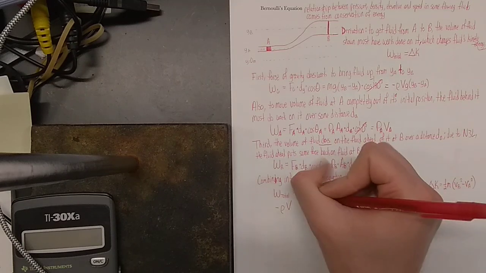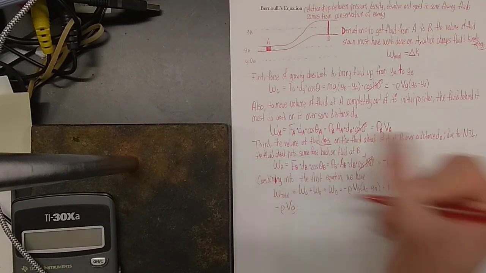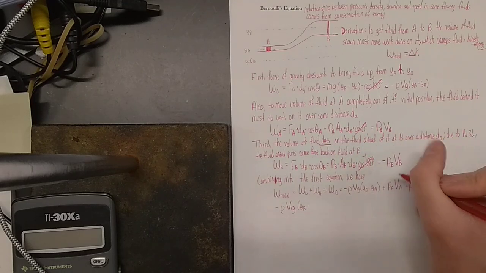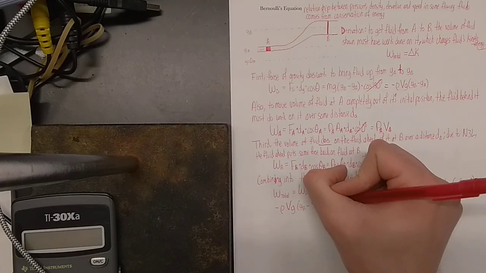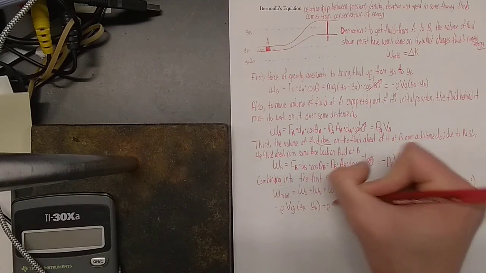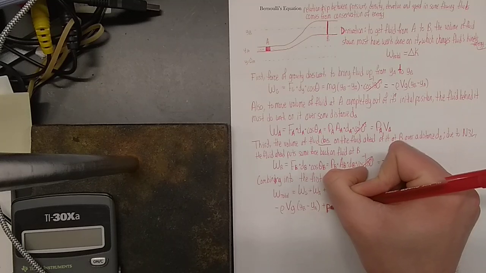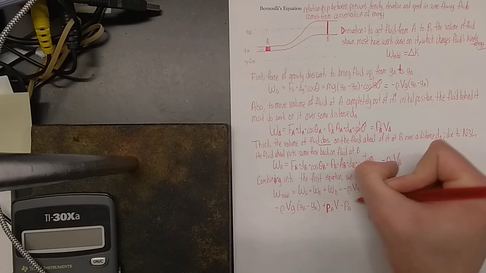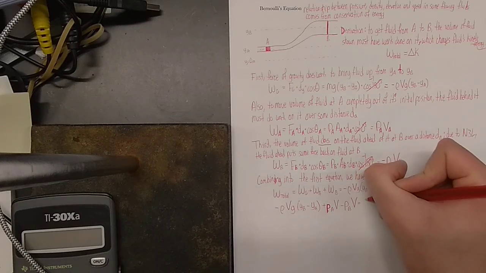Just write this as negative rho VG. I'm not going to get rid of all the subscripts, but just the ones on the volumes, because I know that all those volumes, I've been dealing with the same volume the entire time. I've set up my problem that way. Oops, that's not a rho. That's PA V minus PB V equals 1/2.